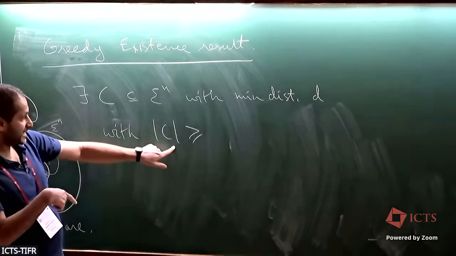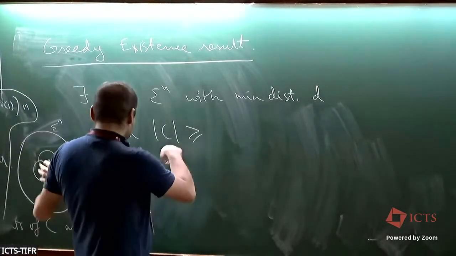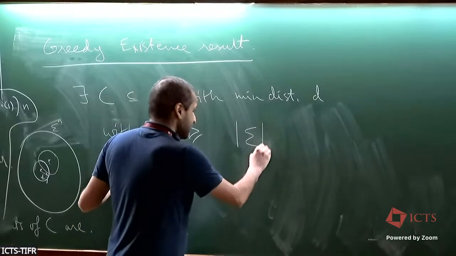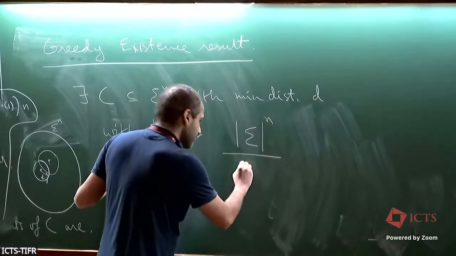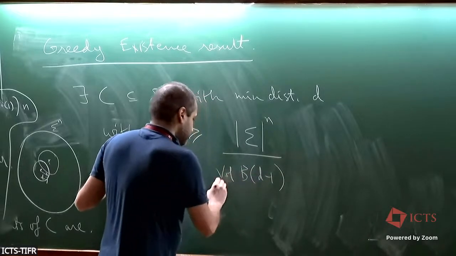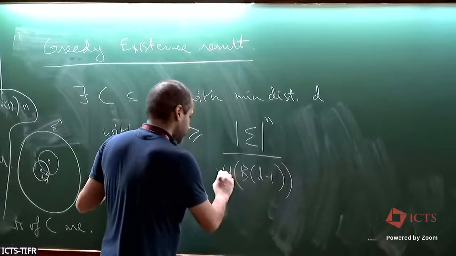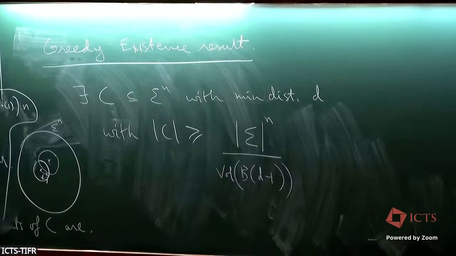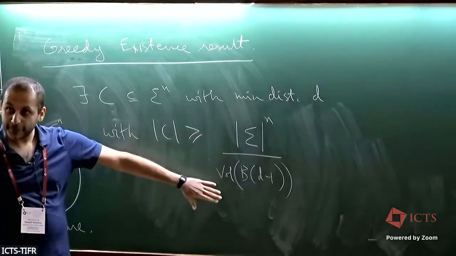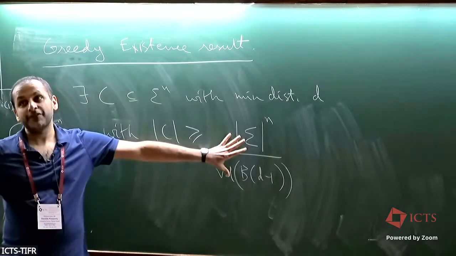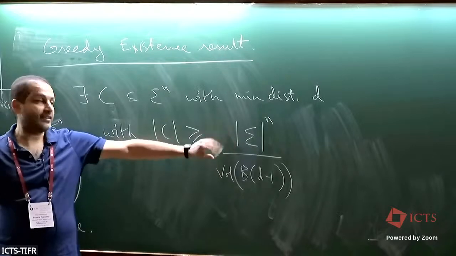So I will say what I get here, and then it should be evident. This is what I'm saying is completely obvious even. Sigma to the n over the volume of the ball of radius d minus 1. Because if you have taken out fewer than these many points, then this times the volume of the ball of radius d minus 1 is less than sigma to the n.